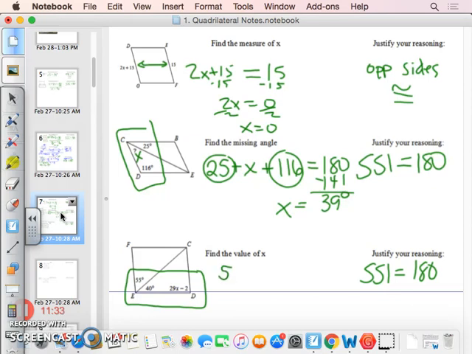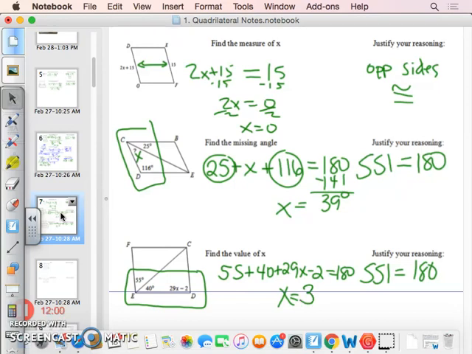So this is 55 plus 40 plus 29x minus 2 equals 180. And I end up with, go ahead and work it out, pause the video, work it out, and see if you get x equals 3.